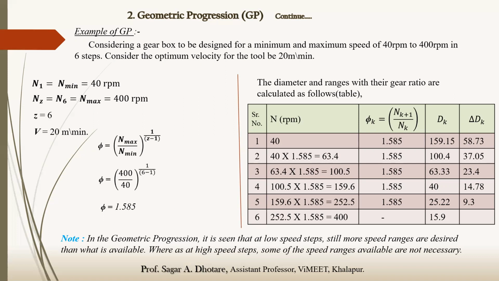Here we are keeping a constant speed or gear ratio, you can say transmission ratio. So look at the table, and first step it is 40 rpm. Speed transmission ratio should be 1.585. The diameters are calculated as per the calculation.